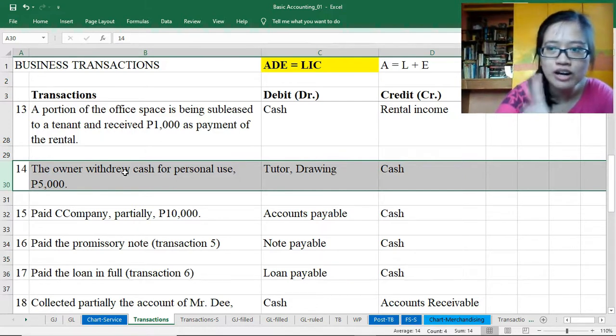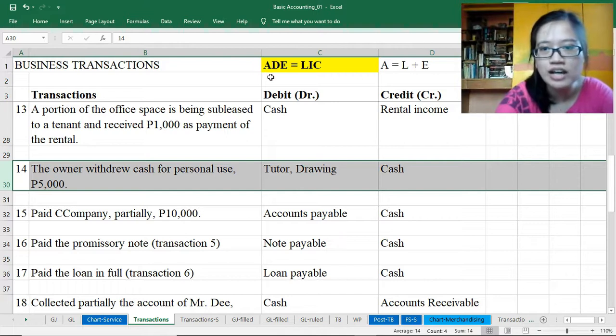Tapos, yung another account na affected would be cash ng business kasi nga nag-withdraw. So, yan. Decrease in asset in the form of cash, nabawasan ng cash. And then, increase dito sa drawing kasi nagkaroon ng drawing. So, ang entry natin would be debit to drawing account, so owner's drawing, and then credit to asset account, yung cash kasi nabawasan ang cash. Okay?